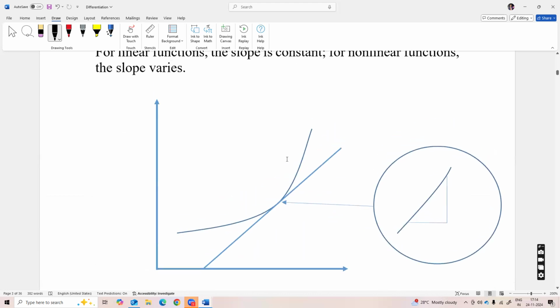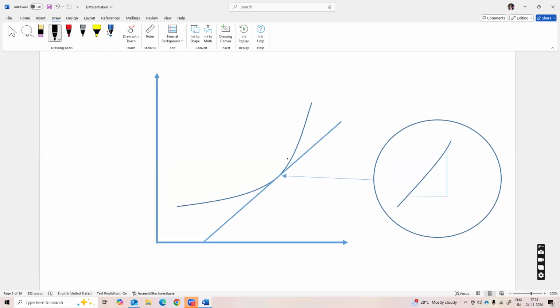So let's see this graph. In this graph, this is f of x and this is x. Let's say for some value of x, if it is a, then the value is f of a, and at some value when x equal to b, the value of f of x will be f of b.